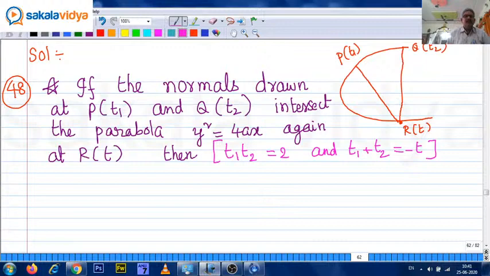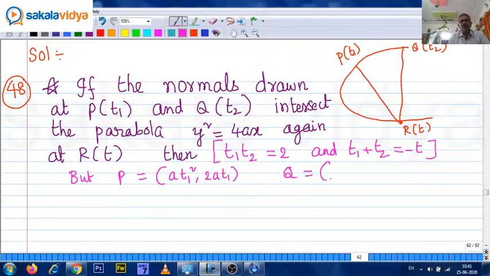So now P equals a T1 square comma 2a T1, and Q equals a T2 square comma 2a T2. But what we are asked is the product of ordinates.